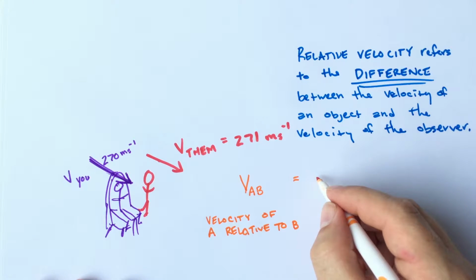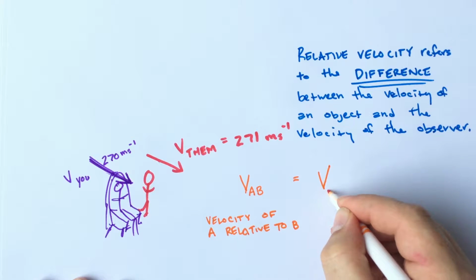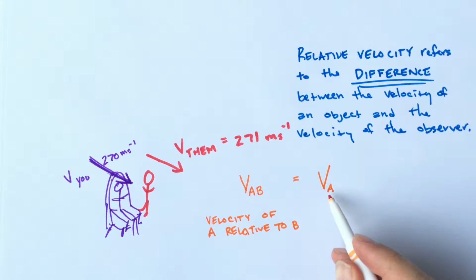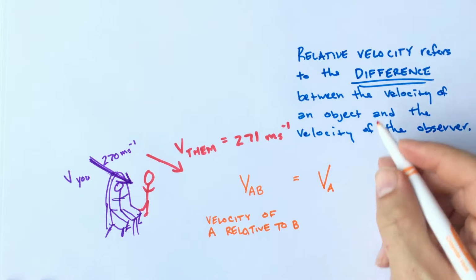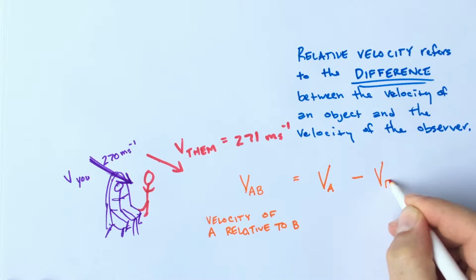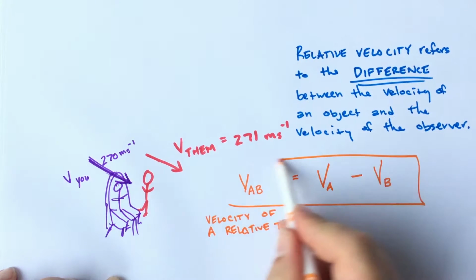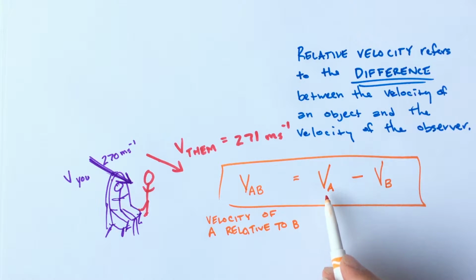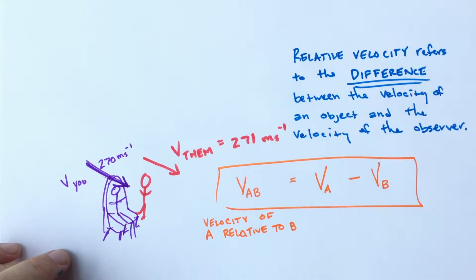That is to say, it's equal to the velocity of A relative to the ground, just the straight velocity of A, take out the velocity of the observer. The difference means we're going to subtract the velocity of our observer. So we have this equation that says that the velocity of A relative to B is just the velocity of A minus the velocity of B, the observer. And let's talk about how that might be used.